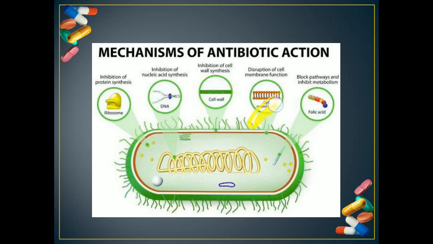It can disrupt the cell membrane, or it can block a particular metabolic pathway and thus bring the metabolic function to a halt. These are the different modes of action of every antibiotic. Whatever antibiotic we discover will usually fall under one of these modes of action, and that is how we have divided them into these 5 broad types.